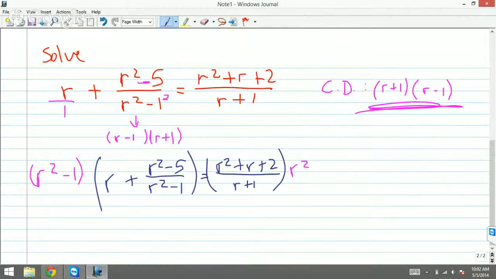So half of this is writing your problems out. Okay. So I'm multiplying each side by r squared minus 1 because that's our common denominator. Okay. These multiply to give you common denominator, r squared minus 1.